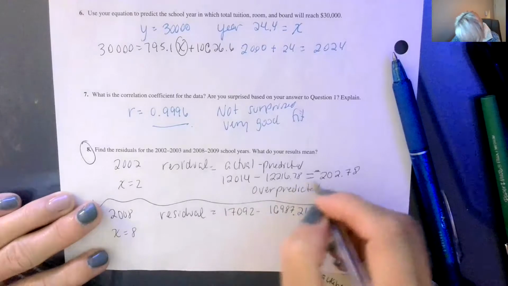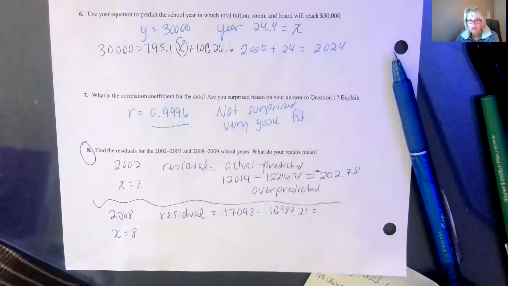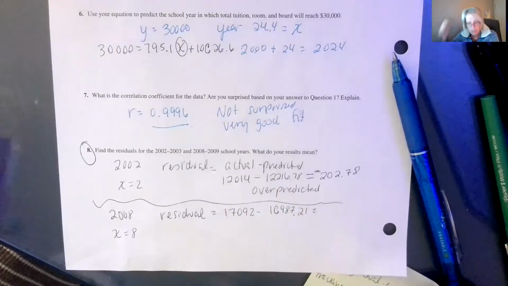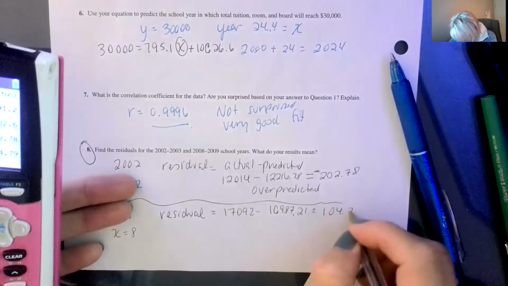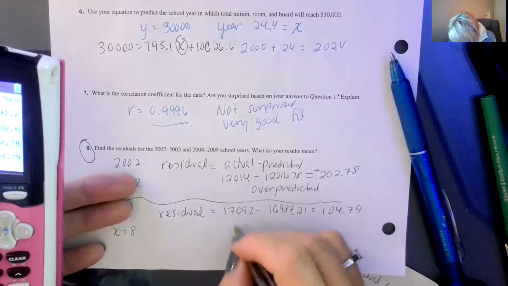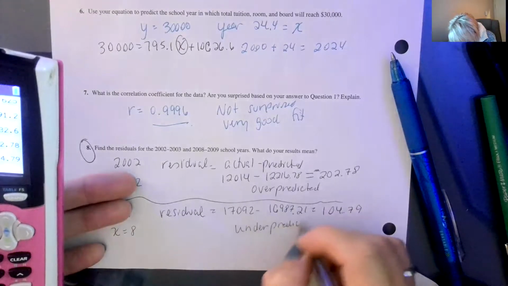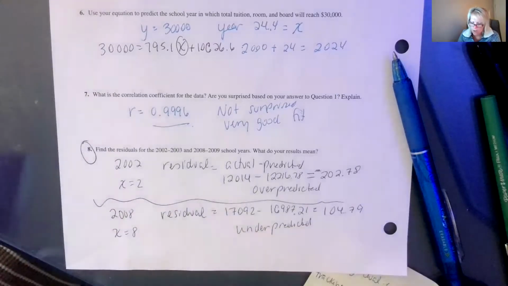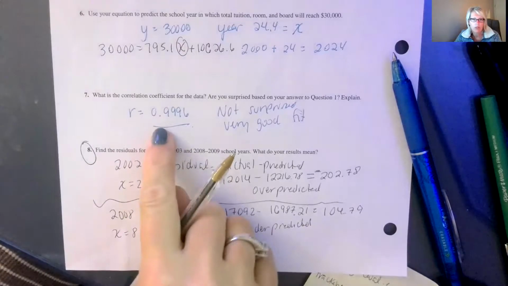Our prediction is bigger. And then on the other one, our residual was 104.79, and we under predicted on this one. But overall, our line of best fit is a really good fit. And you can see that by the correlation coefficient.